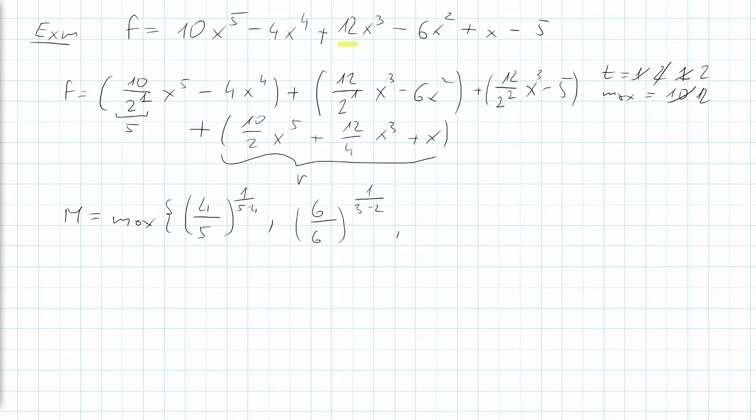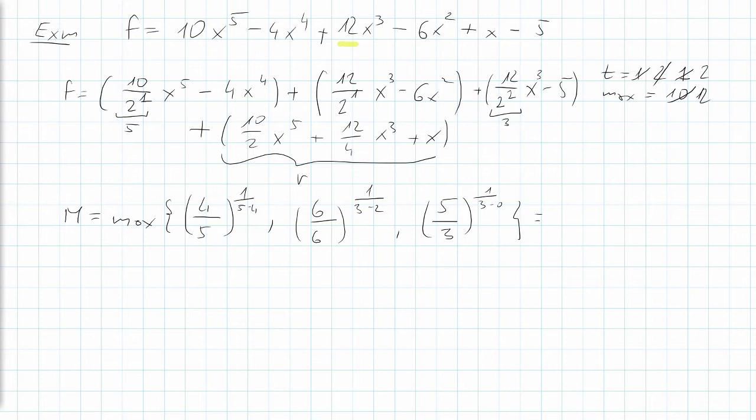Now we have 5 over, here we have 12 over 4, so it's 3. So 5 over 3, and the exponent is 1 over 3 minus 0.